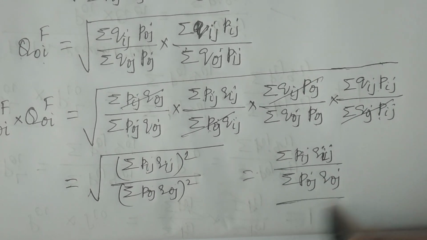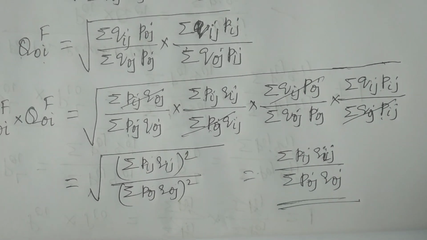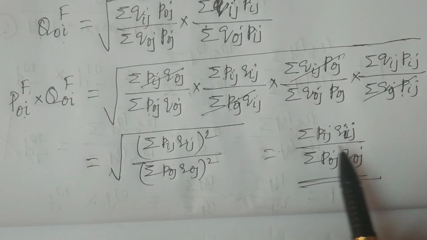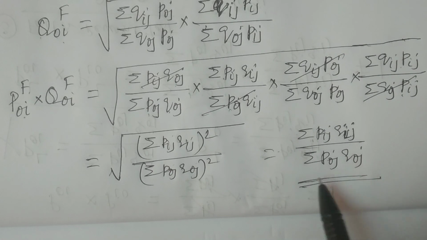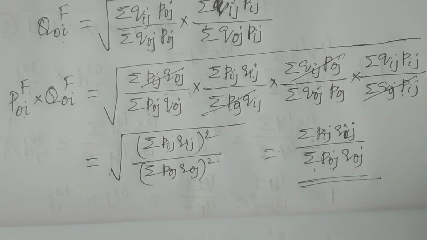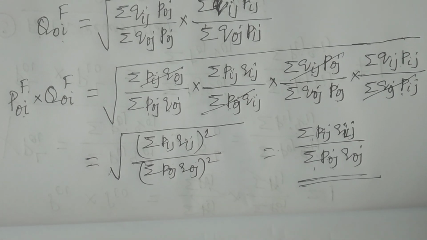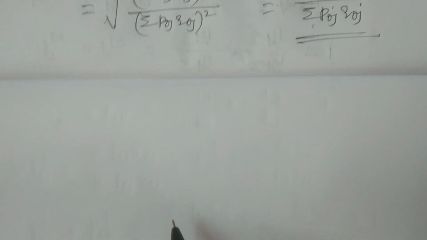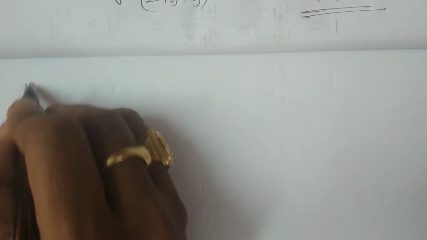This is the value index. So that is, P0i Fisher into Q0i Fisher is equal to summation Pij Qij by summation P0j Q0j, the true value. Therefore, the Fisher index satisfies the factor reversal test. Do you understand this? This is the third test. No other index satisfies the factor reversal test. Now I will discuss the fourth one. The fourth one is the circular test.